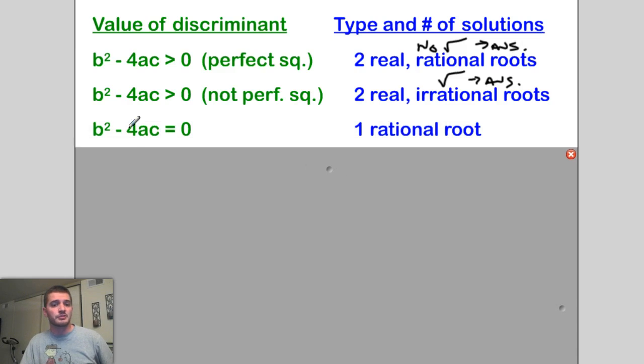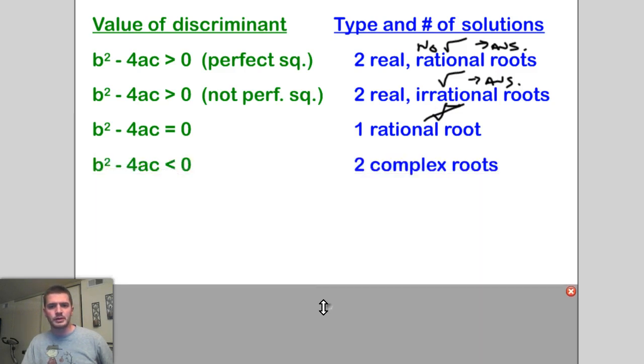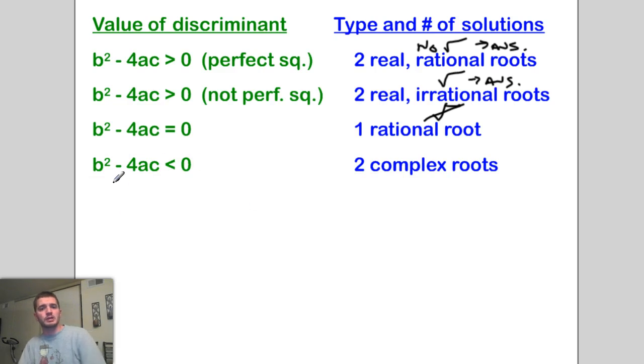Next one is that if b squared minus 4ac equals 0, then there's going to be 1 rational root, and that's when the square root cancels. You'll see that anyway. And the last one is when the discriminant is less than 0, that means there's going to be 2 complex roots, and that is going to involve i. That was just like the last example we did.